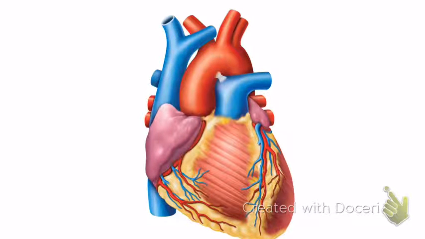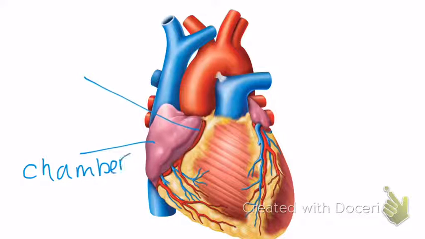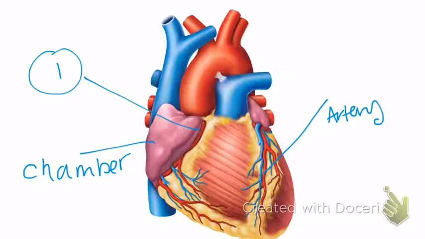We didn't ever practice with this image, so let's try that one. I don't believe we went over that one yet, that artery. Okay, so that first one is the auricle. The second one is the atrium.